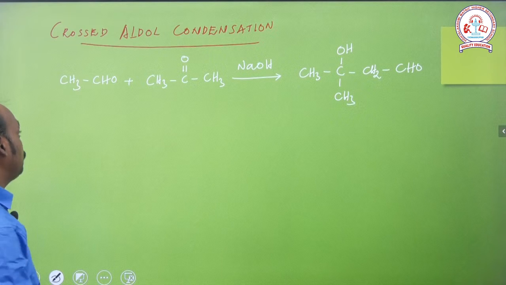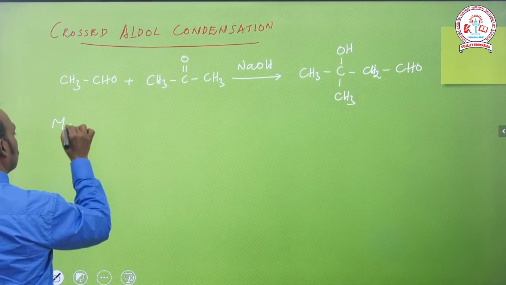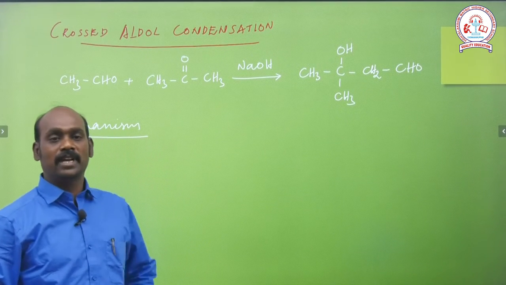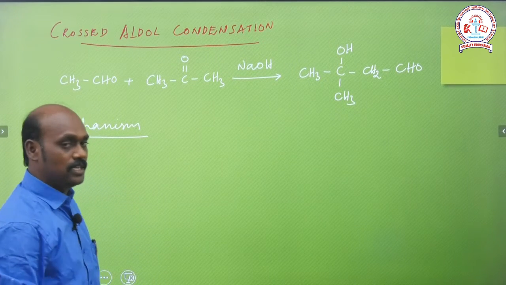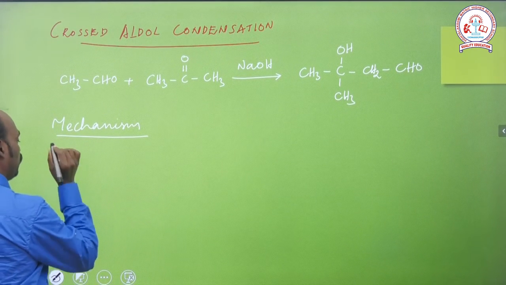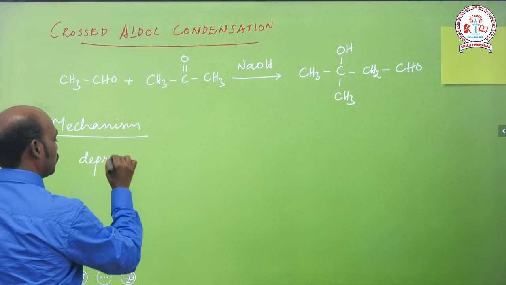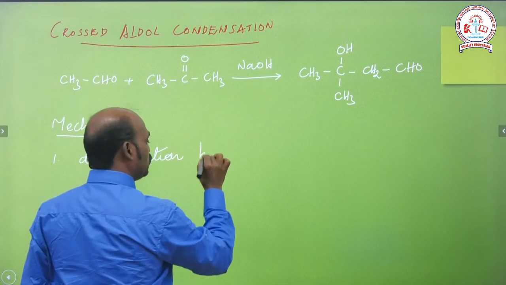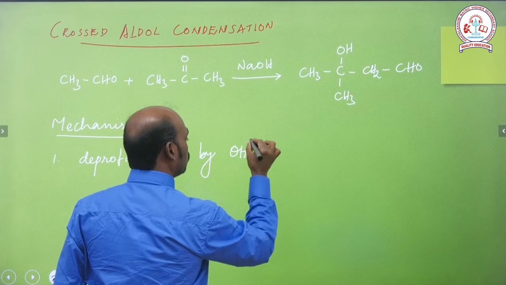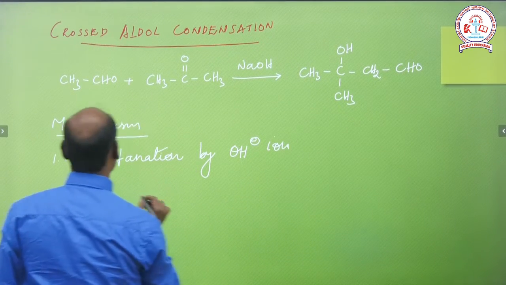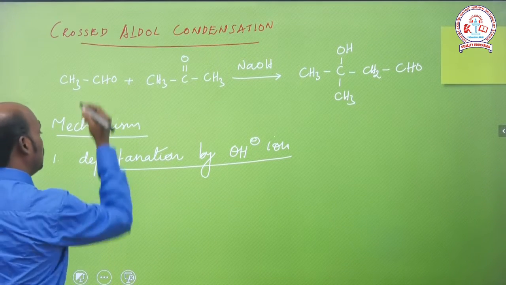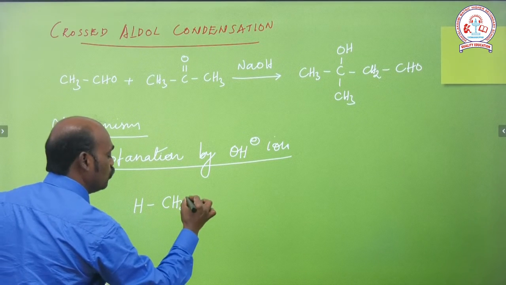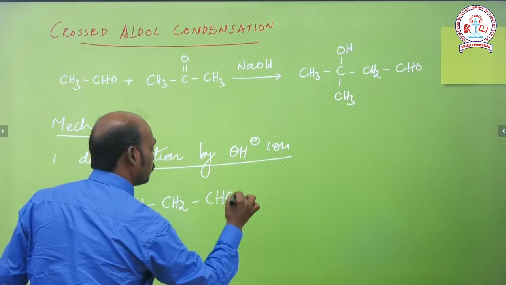Now, let us write the mechanism for this reaction. Like a simple aldol condensation, we can write the mechanism for crossed aldol condensation. The first step is deprotonation by OH minus ion. Let us take acetaldehyde. I can write the acetaldehyde like this, H CH2 CHO.